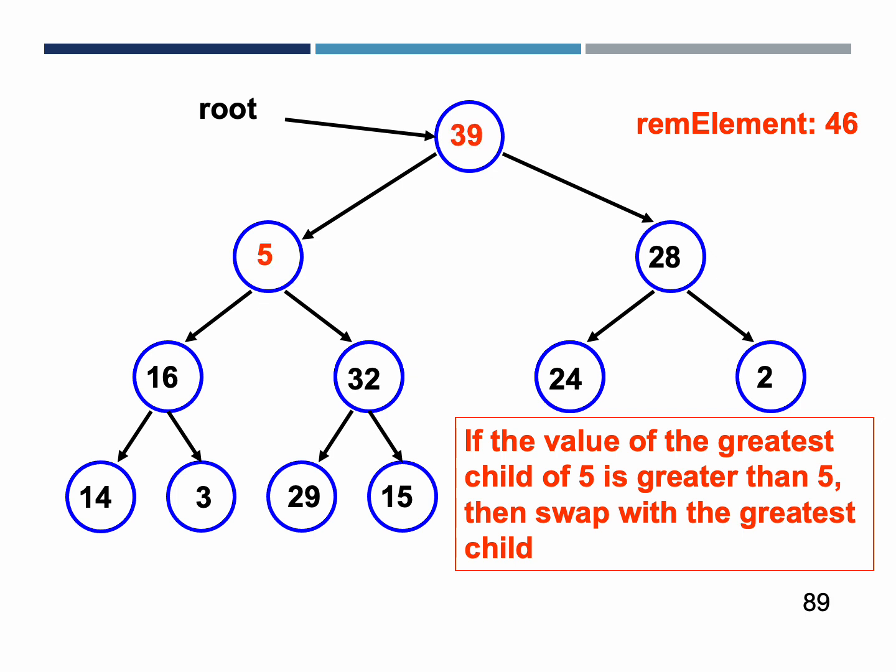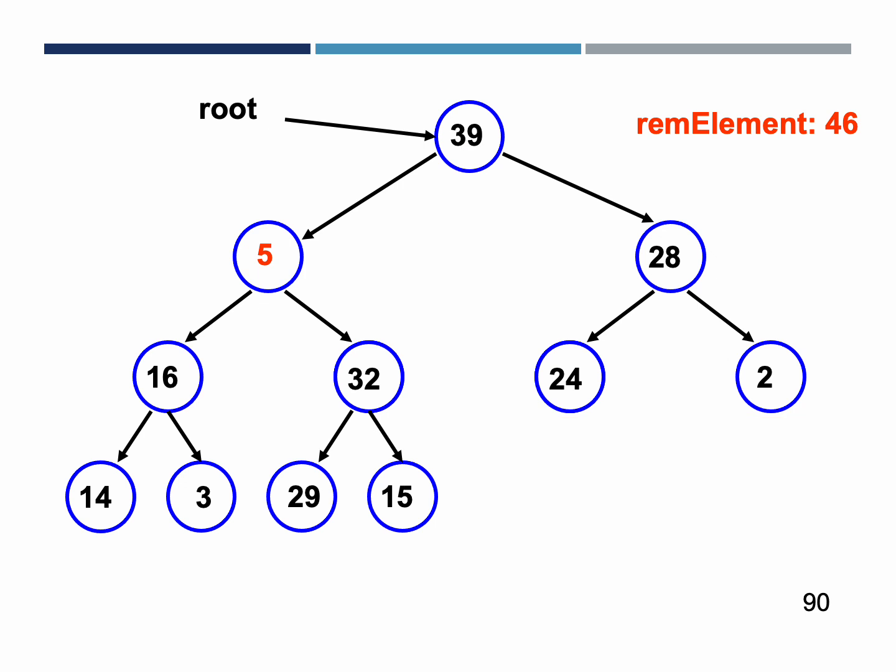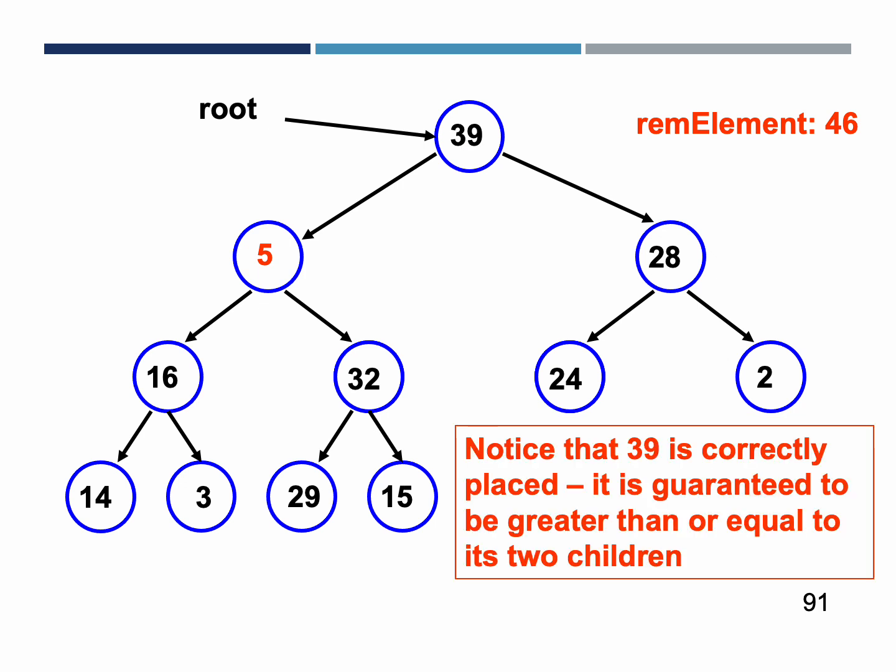Okay, now the root is 39, and one child is 5 and one child is 28. If you notice, 39 is correctly placed. It is guaranteed to be greater than or equal to its two children. 39 is greater than 5 and 28.